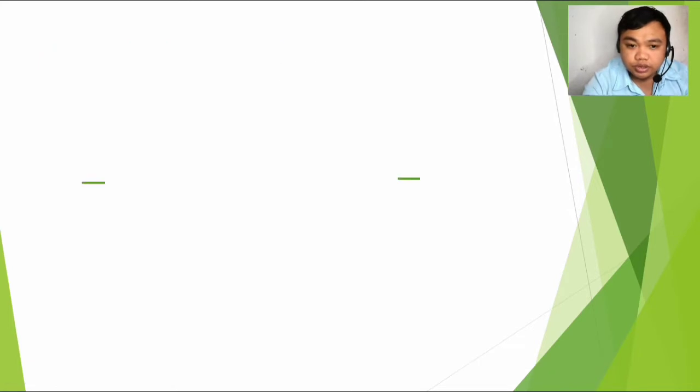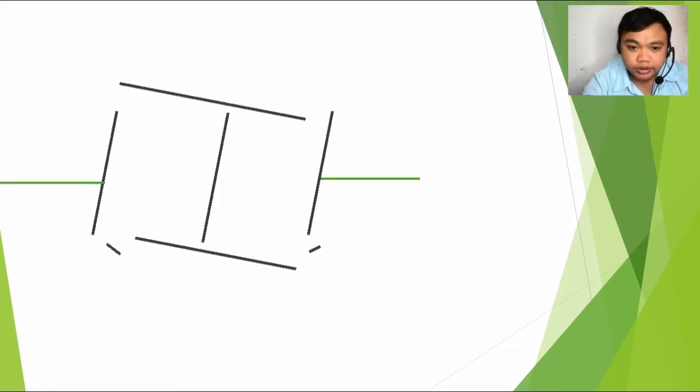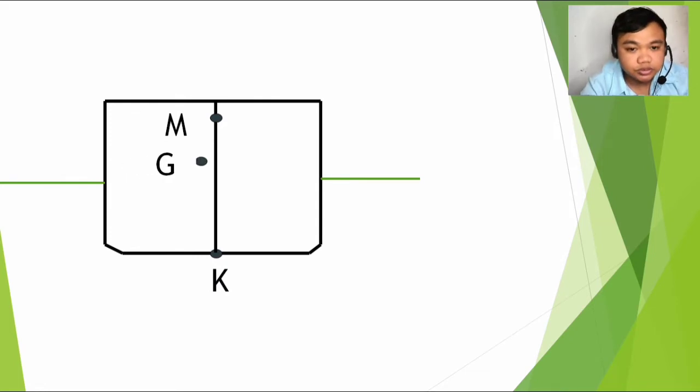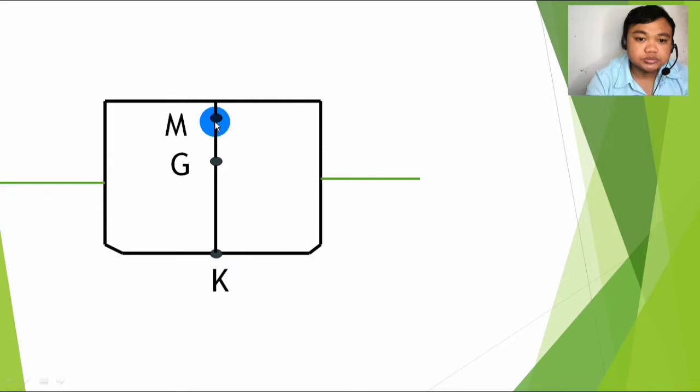So to give you a wider understanding of GZ, let's have the ship's nomenclature. So we have the base of the keel and the metacenter. By the way, the metacenter will change depending on the vessel's mean draft. So again, it will change depending on the vessel's mean draft.